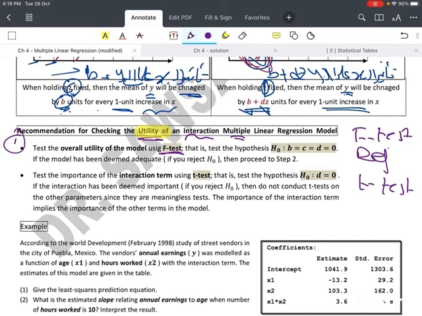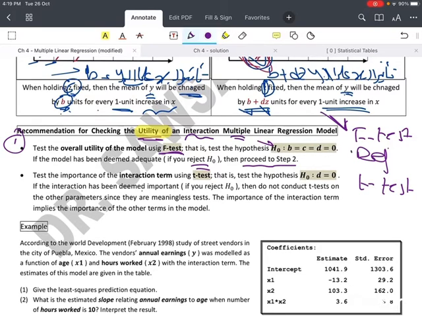The hypothesis of course does not change: H0, all the variables' coefficients are 0 except a. If the model has been deemed adequate, if you reject, then proceed to step 2. This step, as we said, is the F test.